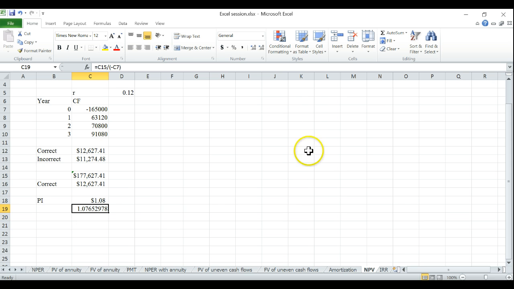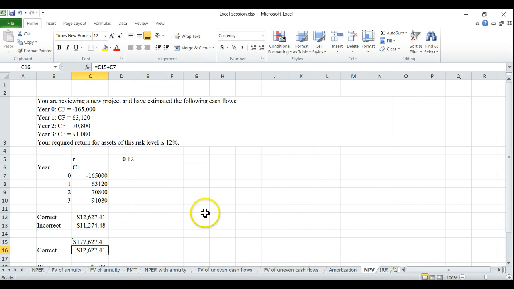Those are exactly the same answer. It's 1.08, so for every dollar that we are investing, we are getting 8 cents more. And the net present value is positive 12,627.41, so we will accept the project. So that's net present value.